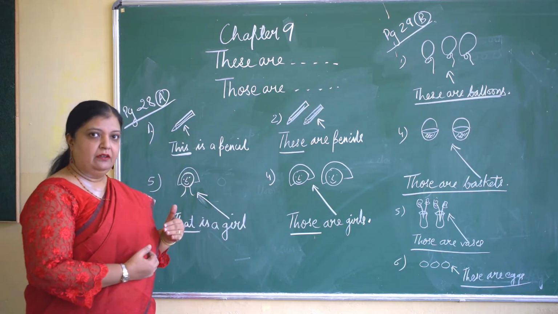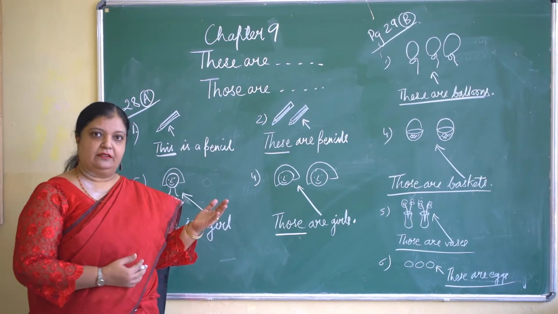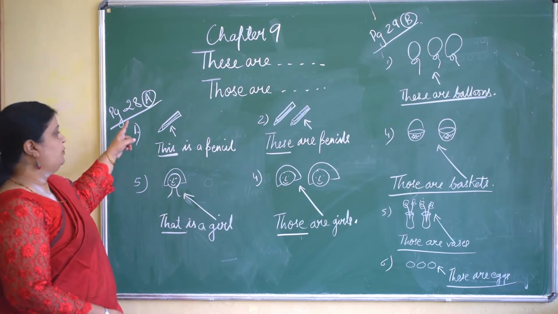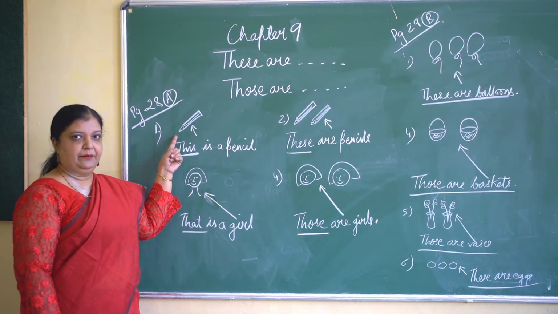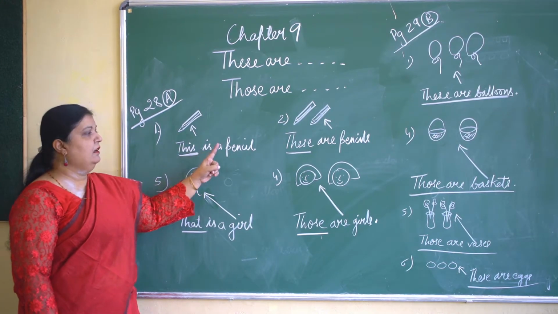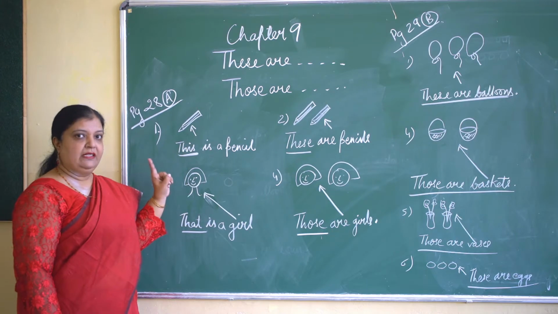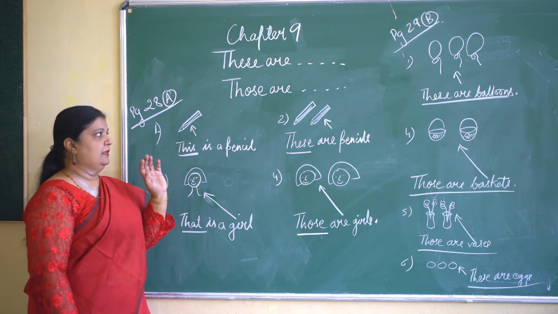These for the near things and those for the far things. Now page 28, exercise A. One single pencil is there and it's near. So this is a pencil.